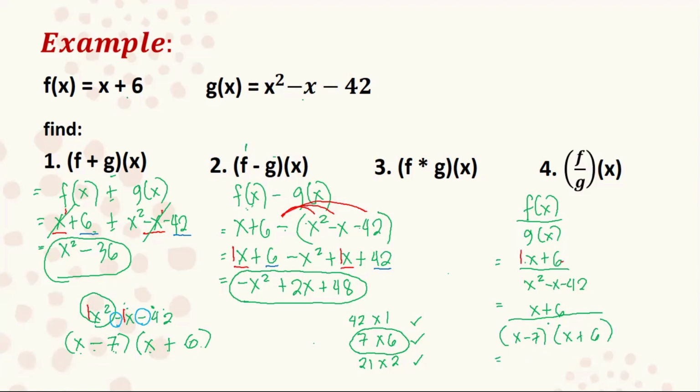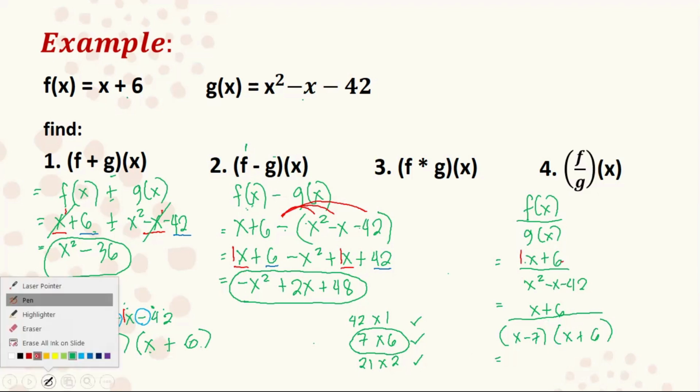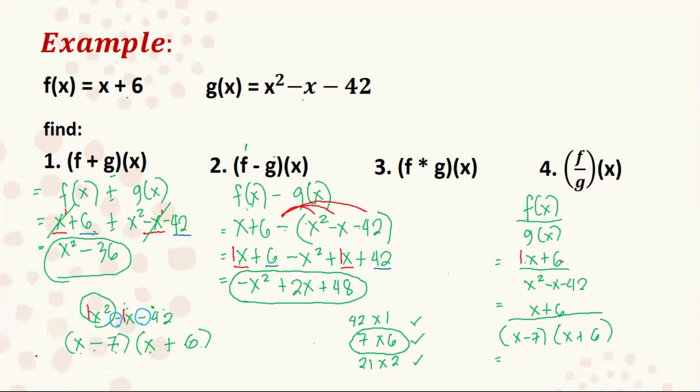What do you notice? May expressions ba na pwedeng i-cancel out? Yes. And that is x plus 6. So we have now 1 over x minus 7 as the final answer.